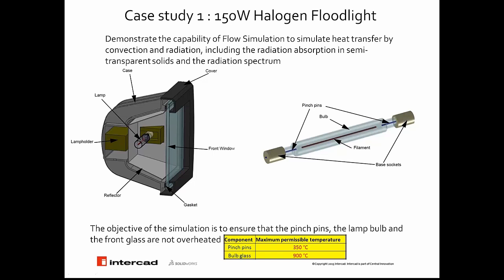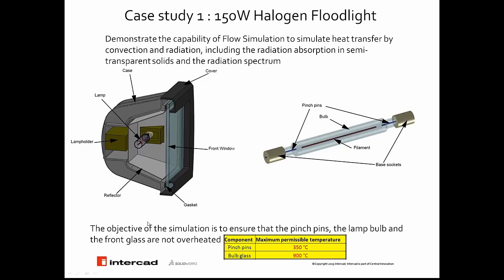The lamp is assumed to be filled with argon at 2 atmospheric pressure and a temperature of 293 degrees Kelvin. The lamp operates in a typical indoor condition at a room temperature of 20 centigrade without any forced cooling.